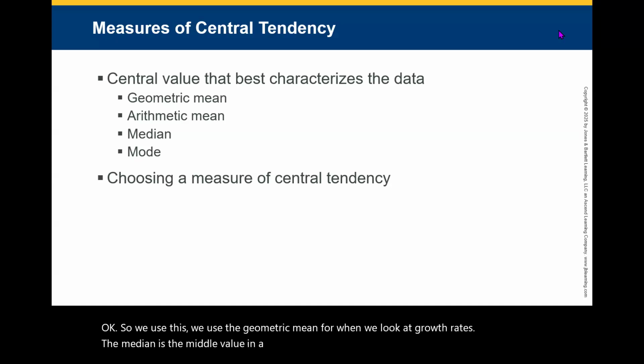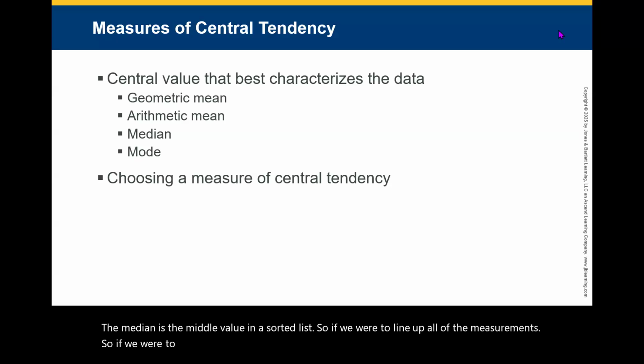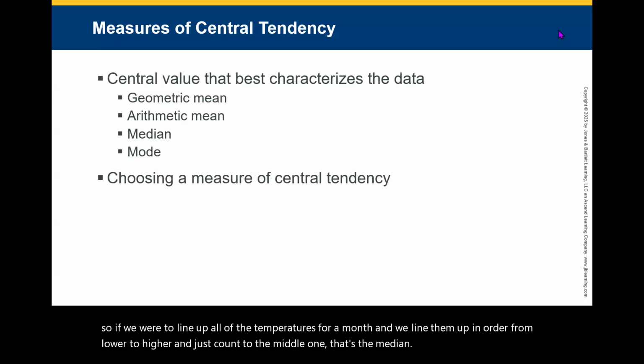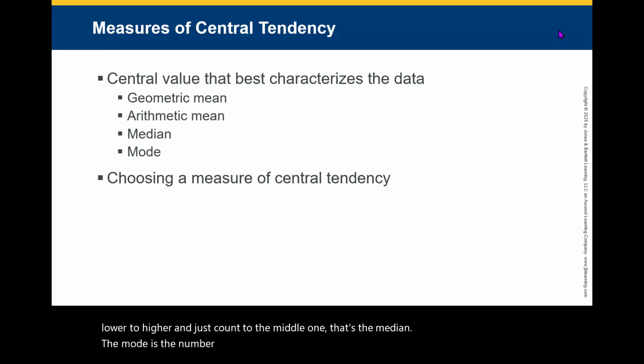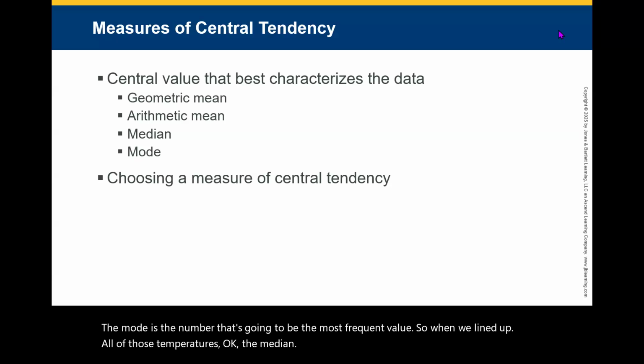So if we were to line up all of the temperatures for a month in order from lower to higher and just count to the middle one, that's the median. The mode is the most frequent value. So when we lined up all of those temperatures, the median might be 71.